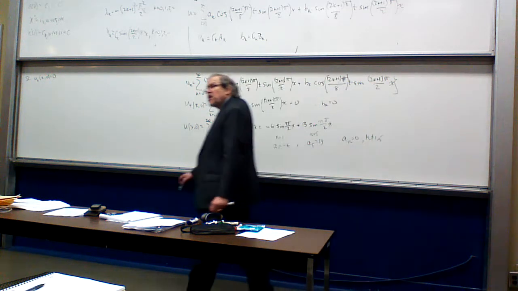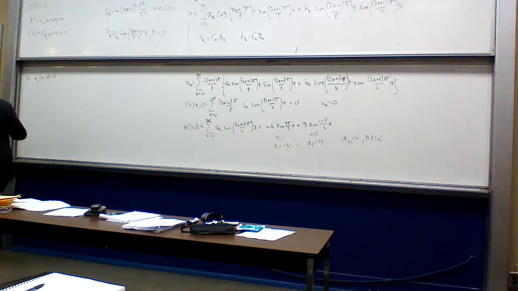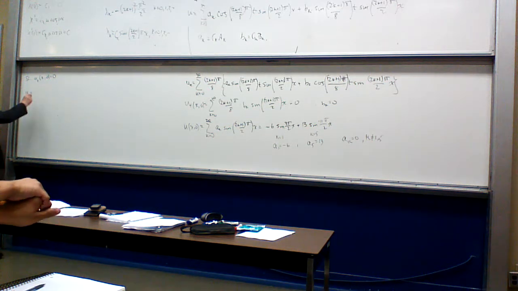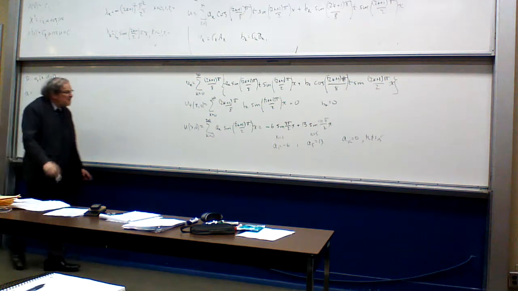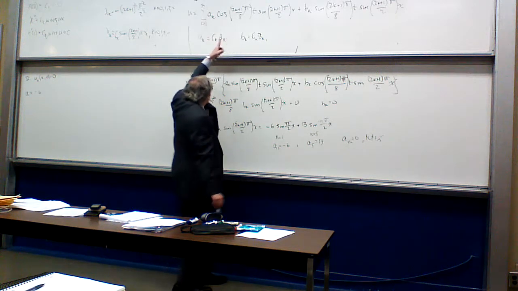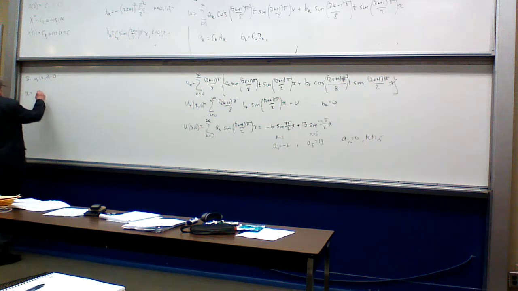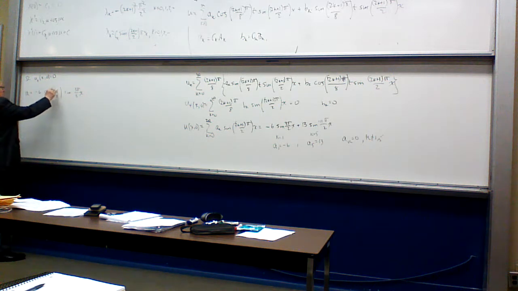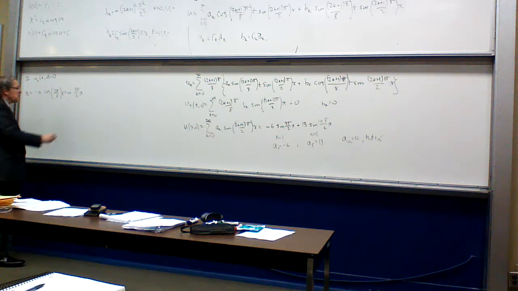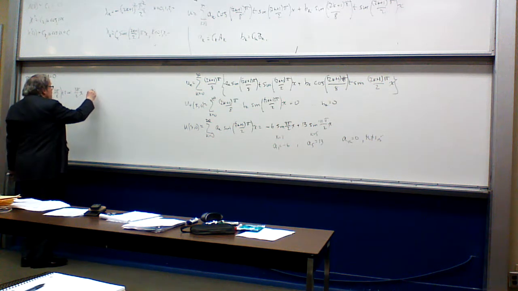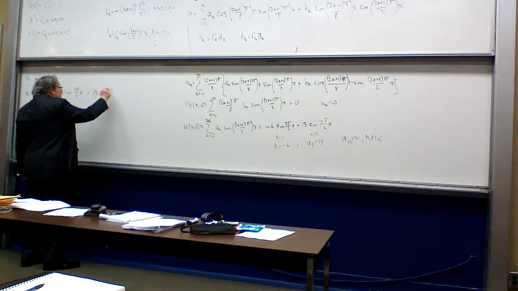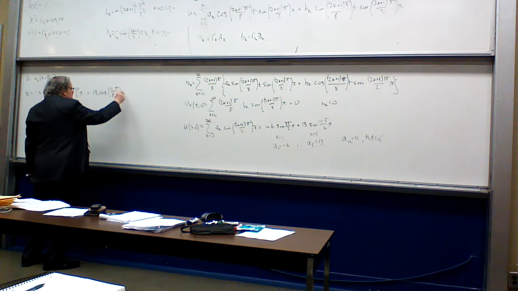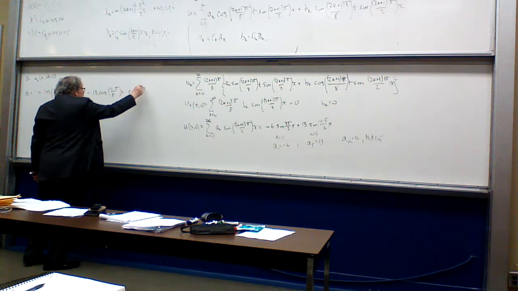And so I finally end up with a solution. U is equal to negative 6, and I've got to pick up this cosine thing, cosine 3 pi over 8 t, sine 3 pi over 2 x, plus the other one, 13 cosine 11 pi over 8 t, sine 11 pi over 2 x.